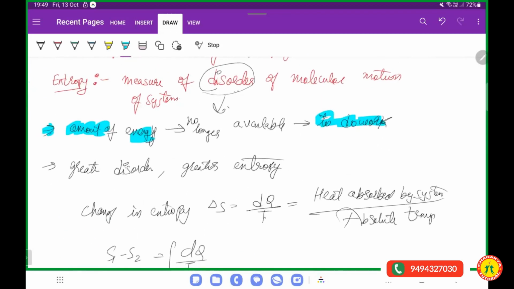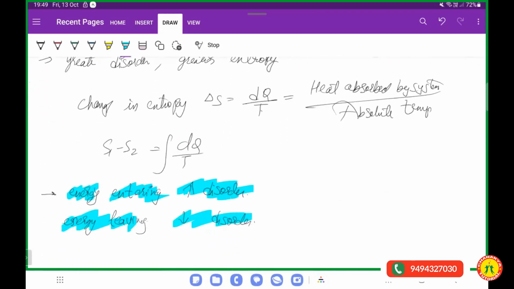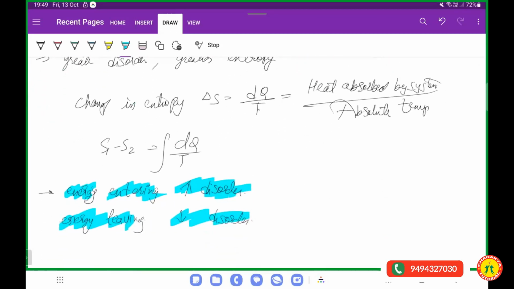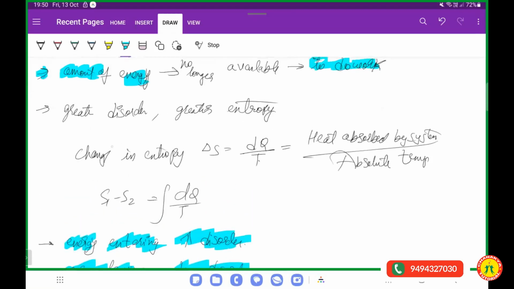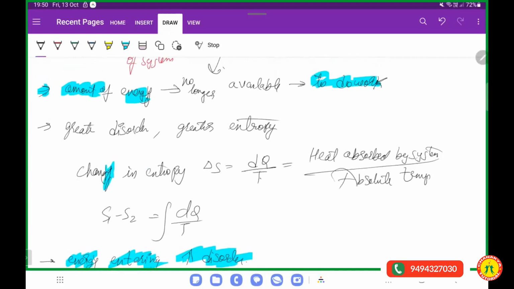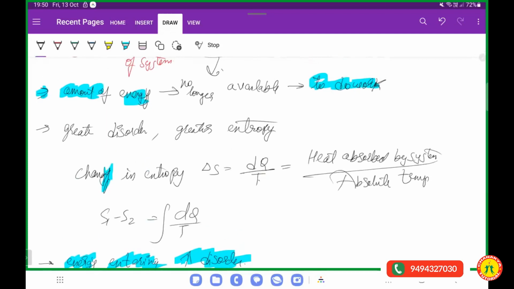But no energy is used during the reaction, right? Energy is utilized, then only the reaction will happen. It is utilized, but after that it is no longer available to do that work.